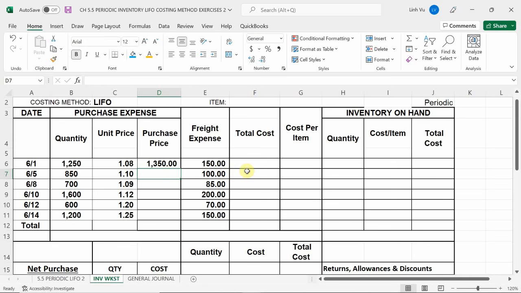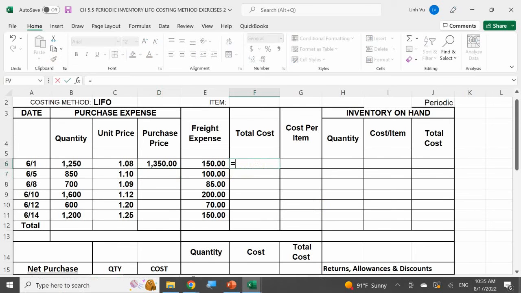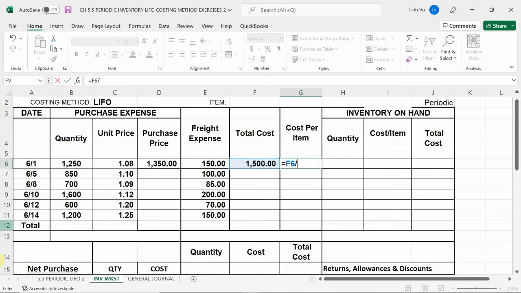Plus a freight of 150 will give you a total cost of 1,500. So now I need to solve for my cost per item. The 1,500 divided by 1,250.